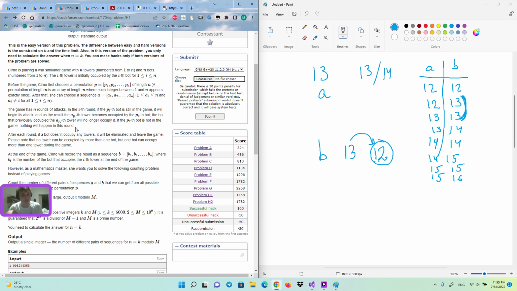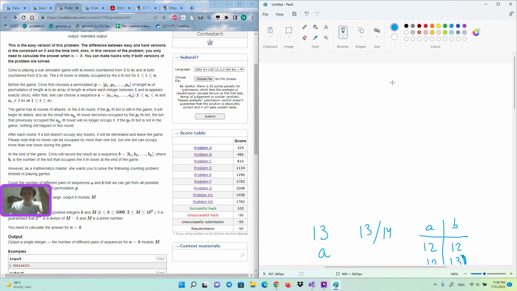So what happens? We have a permutation and we have a sequence A. So we have bot p_i and it occupies a_{p_i}'s tower.